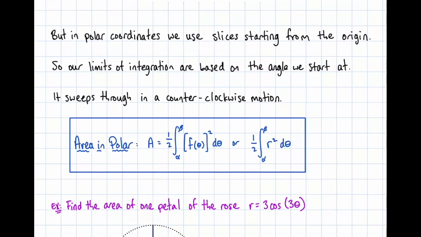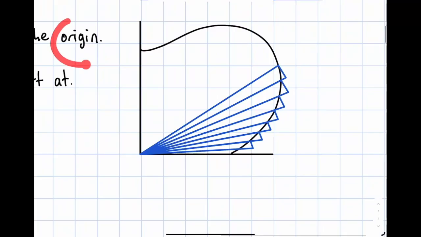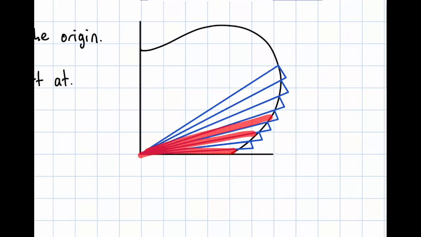Instead of looking at things in terms of x and y, we look at things coming out from the origin. I drew some examples here of these triangular shapes. We don't really care about the triangle too much, but what I want to focus on is that we start from the origin and we go out to the line.